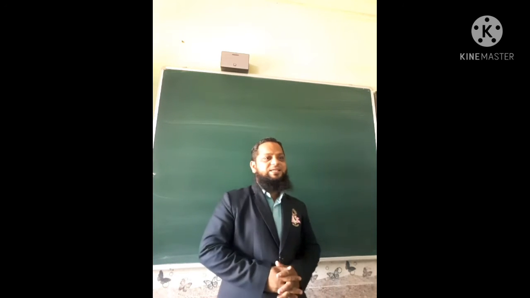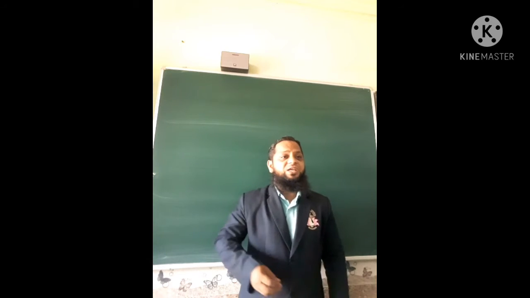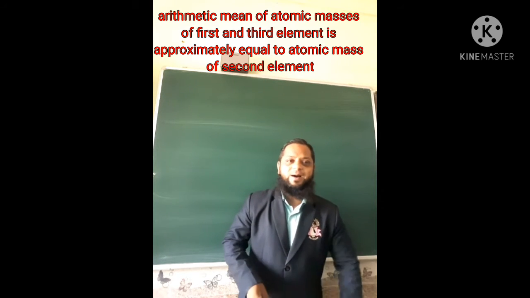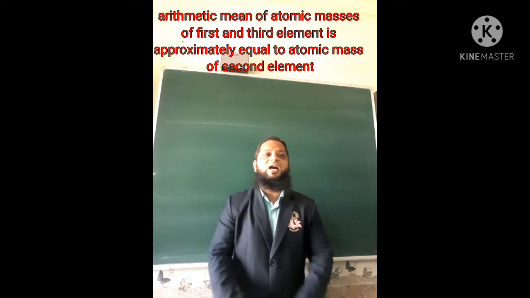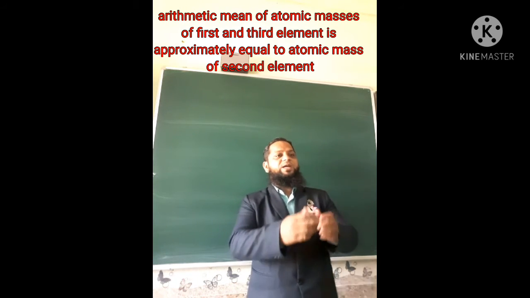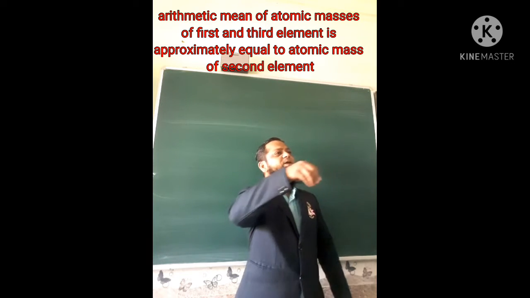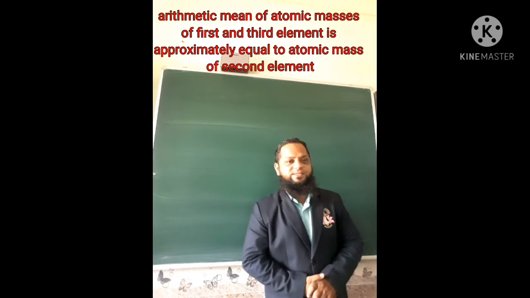Döbereiner stated in his law of triads that the arithmetic mean of the atomic masses of the first and the third element in a triad would be approximately equal to the atomic mass of the second element in that triad.